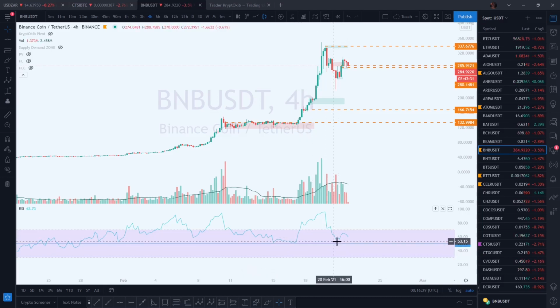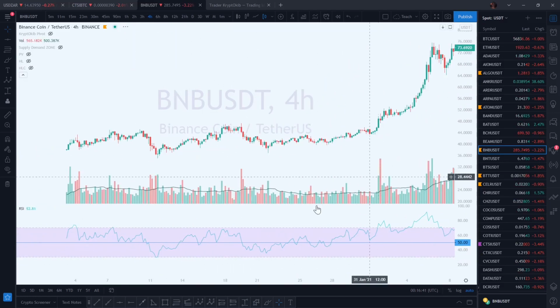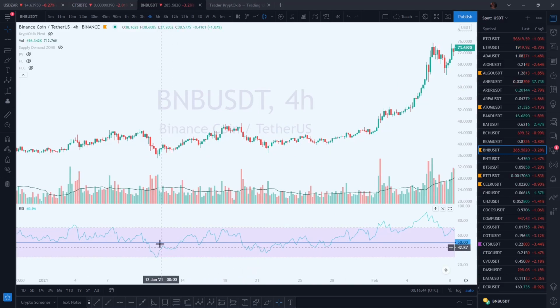Like we have right now, we have RSI above the 50 mark, so price is currently bullish, even though price is pulling back at this particular moment. And once the RSI is below the 50 mark, price is bearish, like we have here.